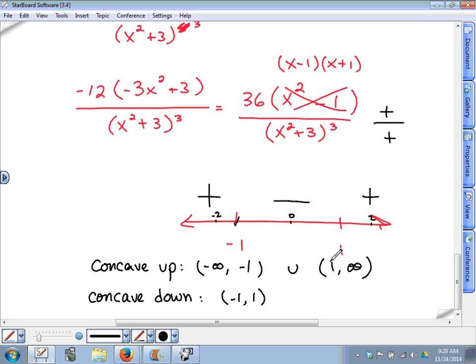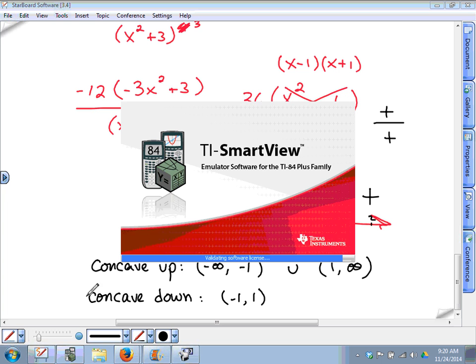Oh, those are exciting equations. I really love that. Whoa, show us what the graph looks like. Let me show you the graph.